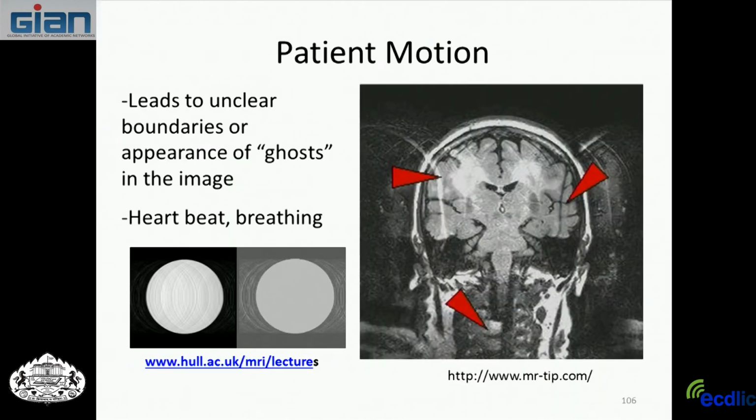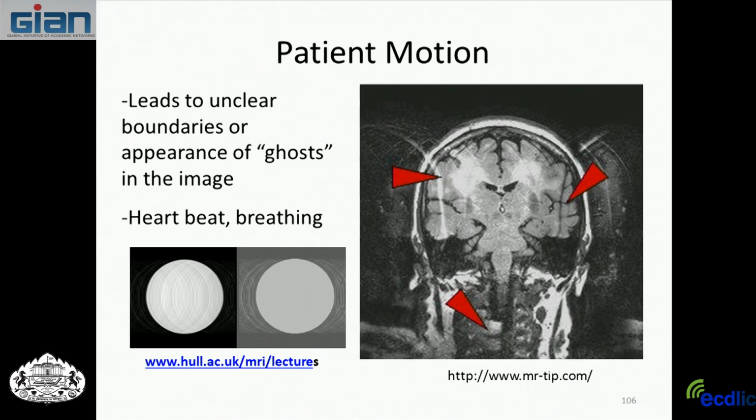Okay, patient motion is a big problem. MRIs sometimes, as you saw before, take a while to collect, much more time than a CAT scan might take, and people sometimes have trouble staying still. You can see these ghosting lines around the head there. That's due to this person moving around.